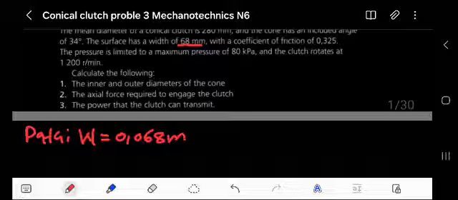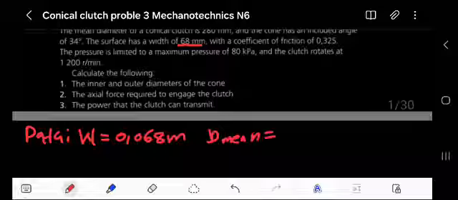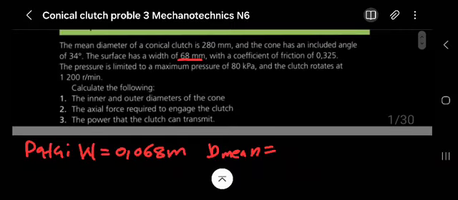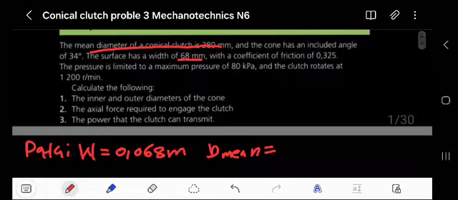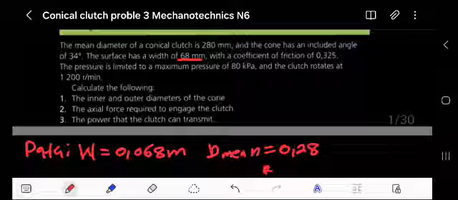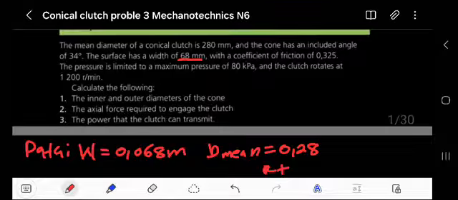We're also given the mean diameter, which is 280. This is the same as 0.28.